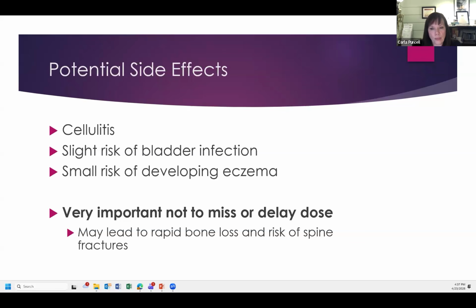So it's very important to maintain your schedule. And if you've been on it for a long time, and you need to come off of it, it should be managed by an osteoporosis specialist. Denosumab is not one of the medications that you can have drug holidays with.